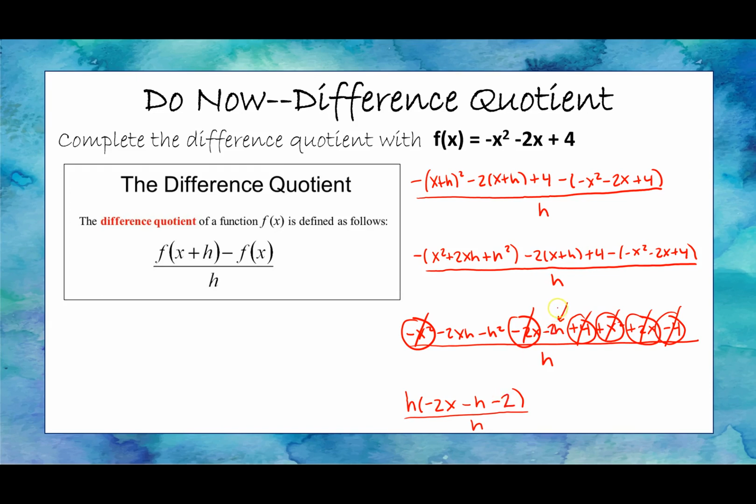Oops, I forgot the 2 here. And then I go ahead and cancel out the h, and I get a negative 2x minus h minus 2. So if you did not get this answer, you should really go back and try to see, hey, what did I drop? What did I mess up? I've got all the work right here.